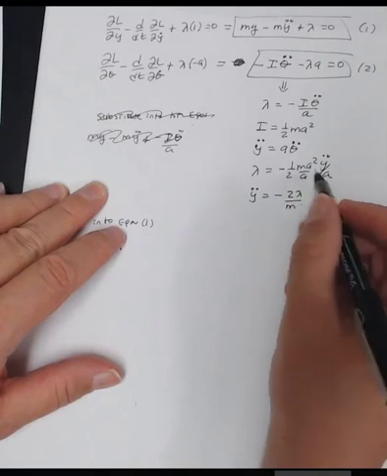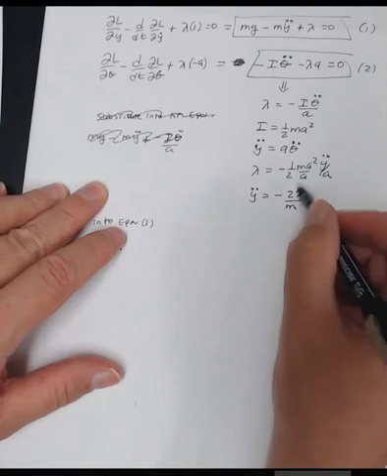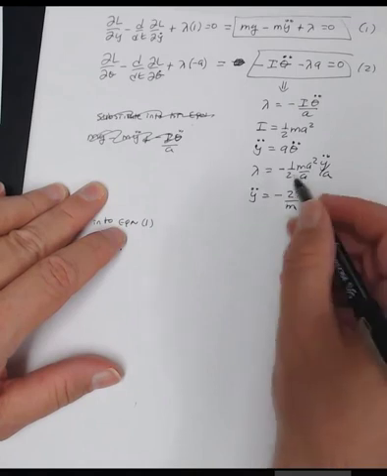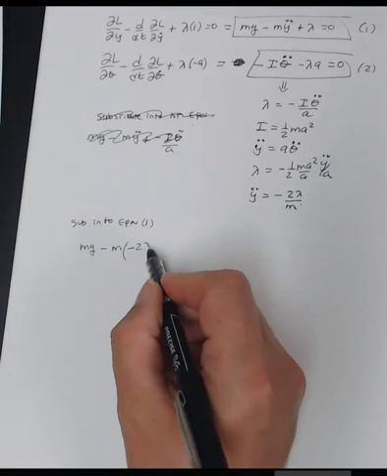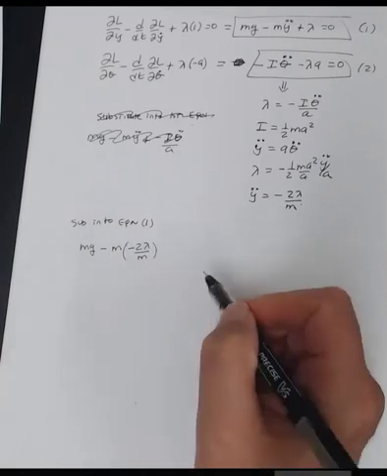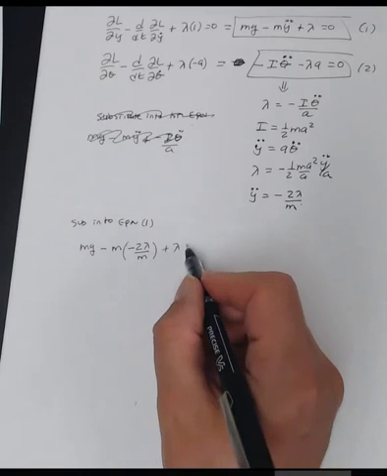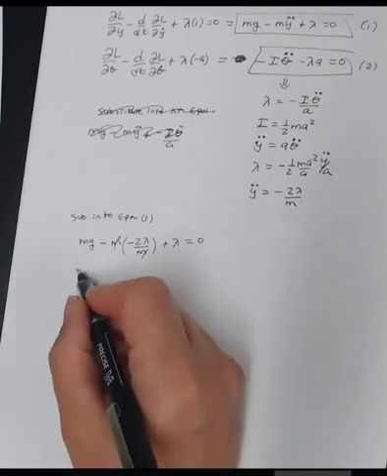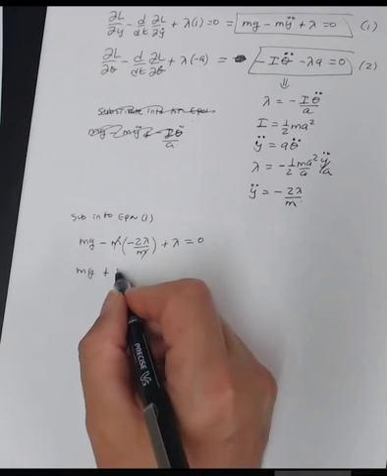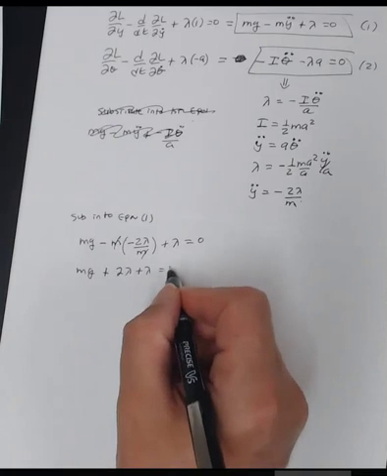No, I got a squared on the bottom here, a squared on top, so just m. So 2 over m lambda and the negative sign. Yeah, so now up here then I'll put in negative 2 lambda over m. And then plus lambda equals 0. M's cancel out there, so I get mg plus 2 lambda plus 2 lambda plus lambda equals 0.